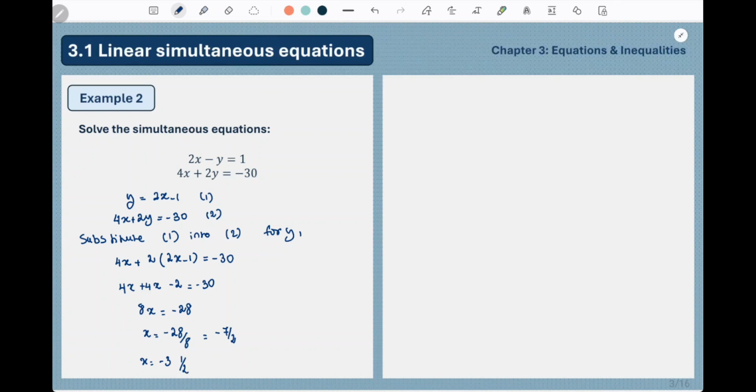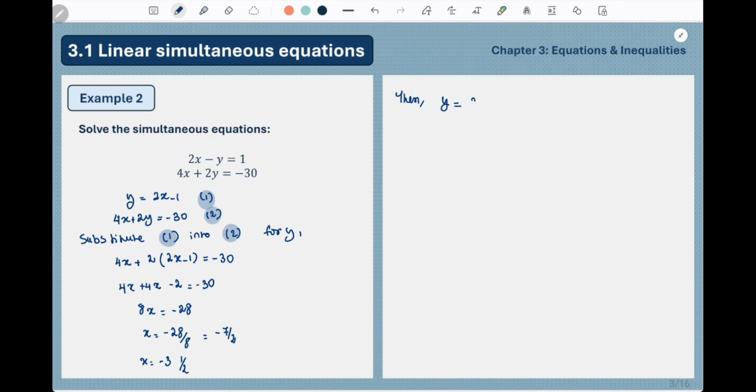So now it's time to find y. We'll use 1, the first equation here. Let me highlight them. So using y equal to 2x minus 1, and I know that my x is minus 7 over 2.